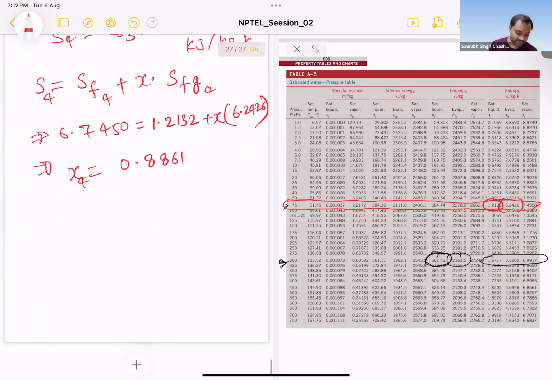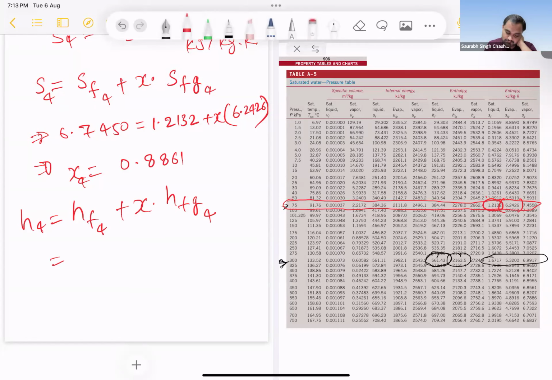So this is the quality at P4. Now we have quality, so we can find enthalpy H4. Enthalpy H4 will be equal to Hf at P4 plus quality into Hfg at P4. Again, these values we will find from the table. Hf is 384.44.